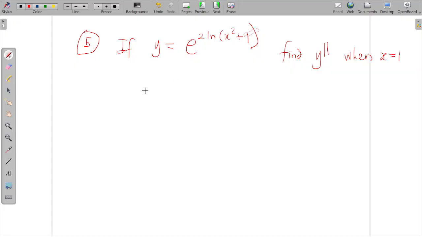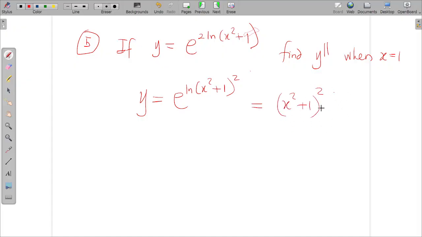All right, if you recognize this, it's fine. If you don't recognize it, you just derive it the way it is. But you can recognize that this is equal to ln(x squared plus 1) raised to power 2.